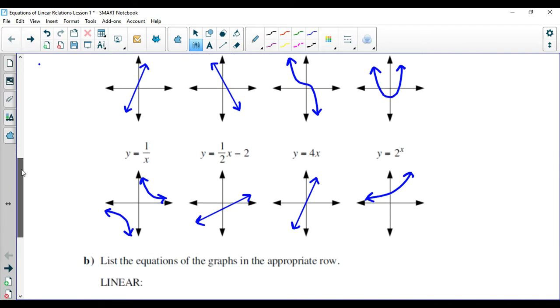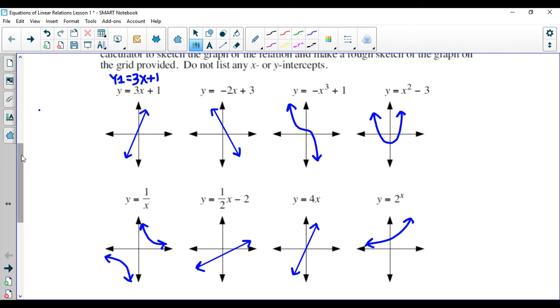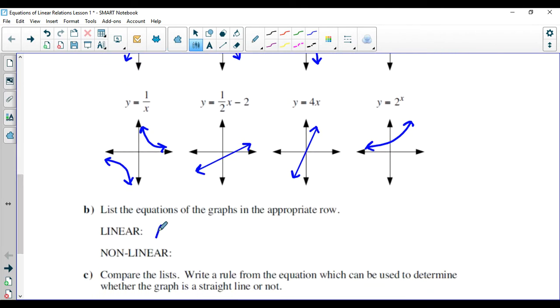Now, question B says, of the graphs you see above, which ones are linear and which ones are nonlinear? So a linear graph means that it's a line, okay? If you look at the graphs that I have here, the linear ones would be this first one, y equals 3x plus 1.